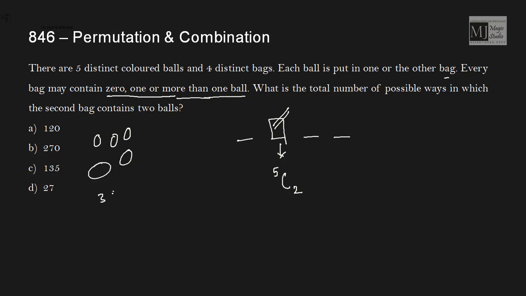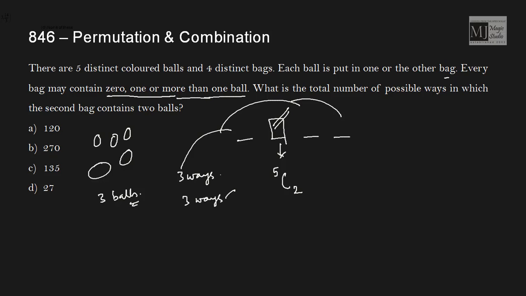Now we are left with 3 balls and 3 bags. In how many ways can these 3 different colored balls be put into these 3 bags? The first ball can be put into these 3 bags in 3 ways. It may go to bag 1 or bag 3 or bag 5. Again, the second ball will have 3 ways.